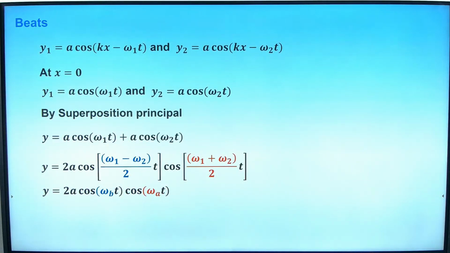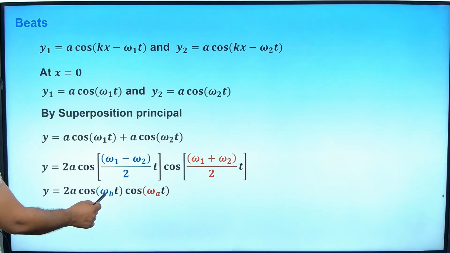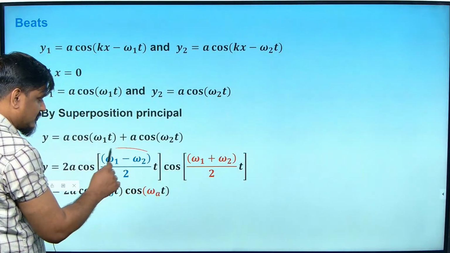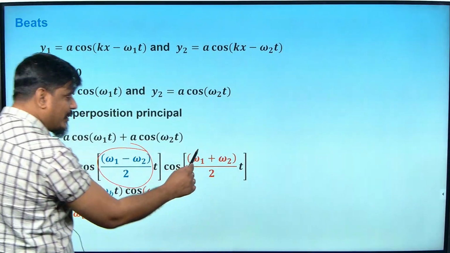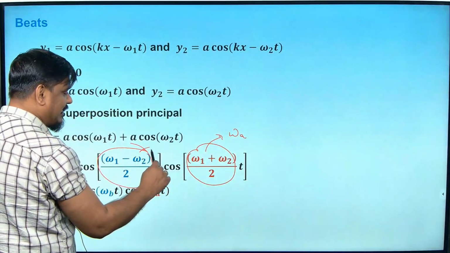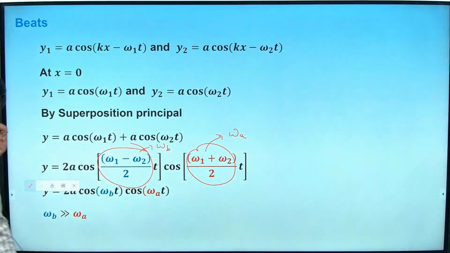Now I got the equation of the wave as 2a cos(omega b t) into cos(omega a t), where omega b is this and omega a is this.